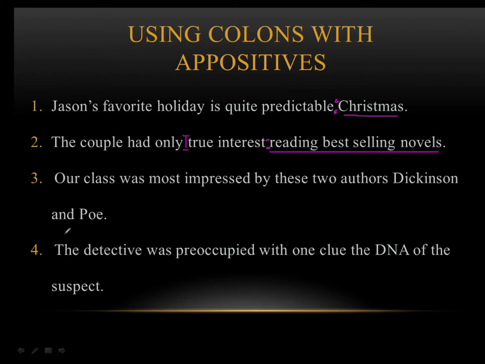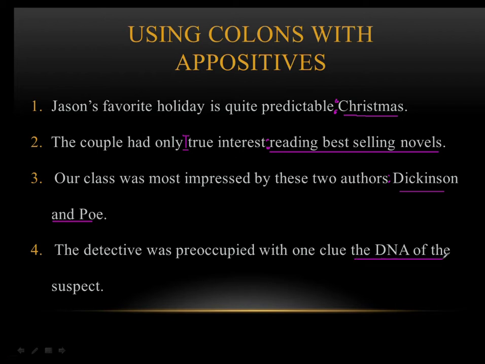Our class was most impressed by these two authors, Dickinson and Poe. Well, this looks like a list, and I know that you've been taught how to do that. You can put a colon in front of a list as long as you have a complete sentence first. But here is our appositive. Number 4, the detective was preoccupied with one clue, the DNA of the suspect.